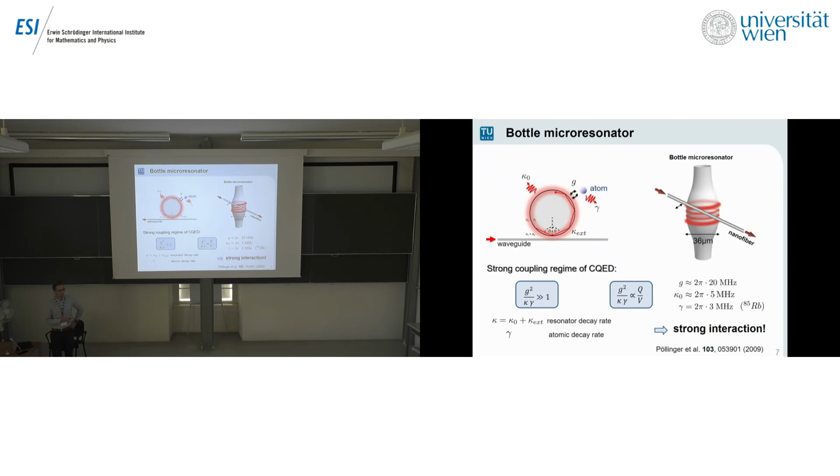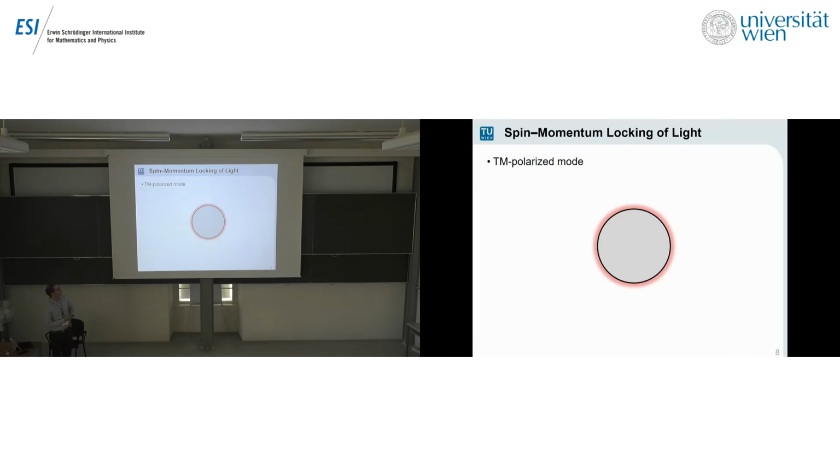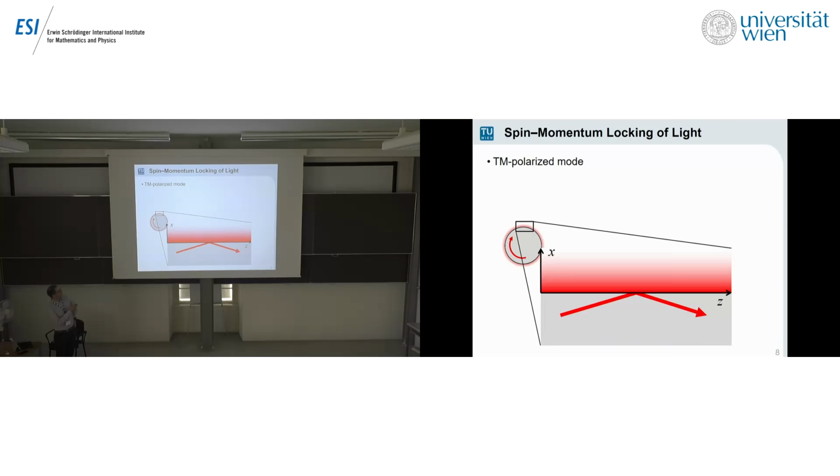However, this strong coupling regime is not all we need for realizing these non-reciprocal devices. And for knowing how these now work, or what we actually need, we have to take a closer look at the polarization properties of these resonator modes. And for this, we can now zoom in and assume that our resonator can be approximated by a planar interface where we have an impinging plane wave.